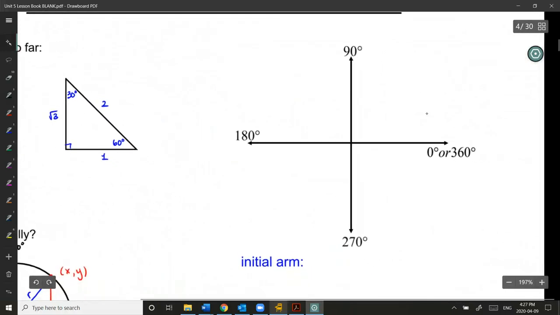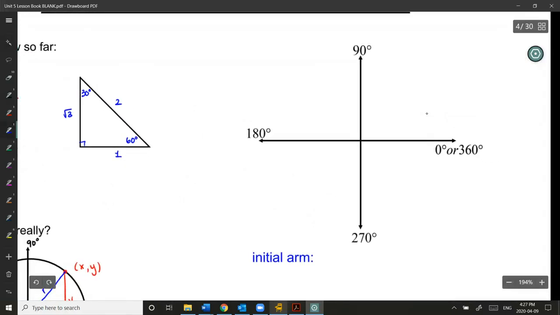Okay, so a couple terminology things that we need to know before we start here are initial arm and terminal arm. The initial arm is basically where we measure angles from. So the initial arm, you can consider this arm to be glued to the 0 degree line, which is this line right here.